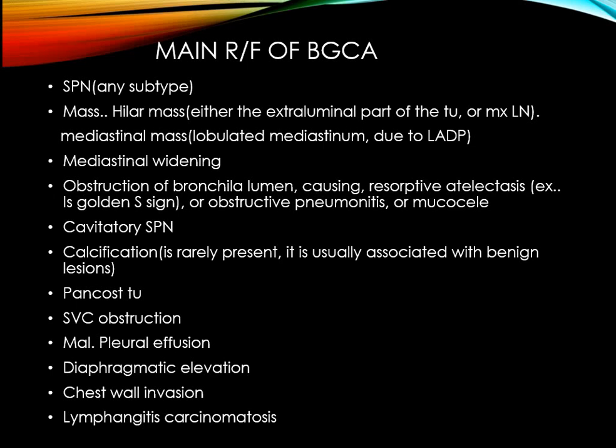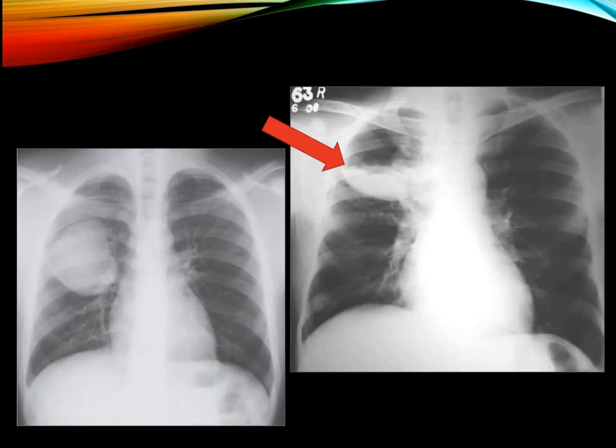Whatever you think, it can present with this feature. So in every chest X-ray that comes to us, we will give the key features that lead us to bronchogenic carcinoma. We start with the easiest feature of bronchogenic carcinoma, which is lung mass.